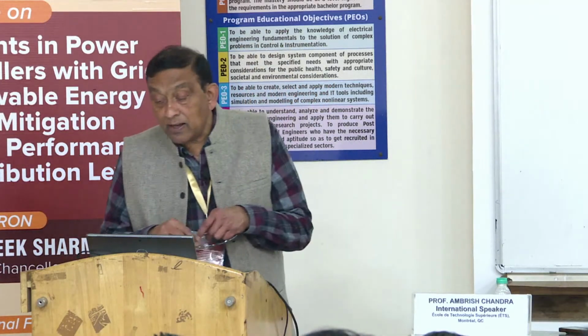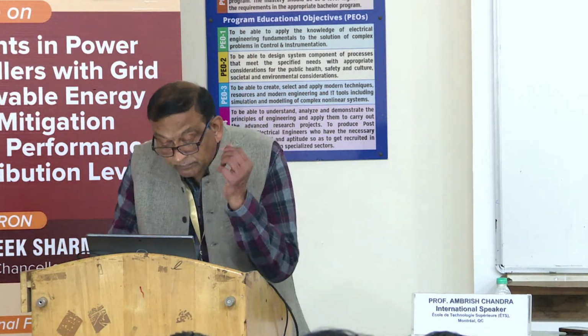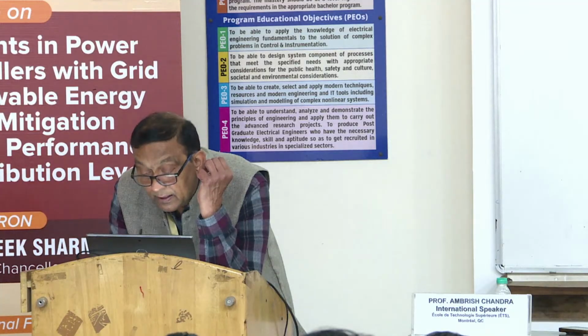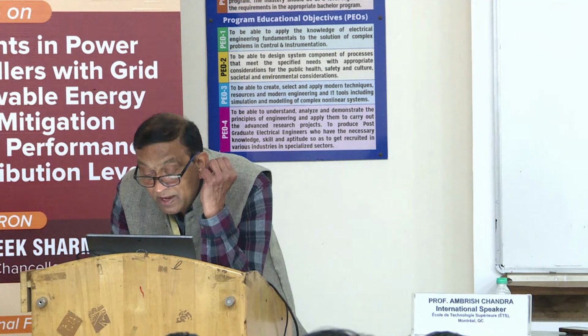And see, this is what is happening here. These renewable energy sources were supposed to supply only active power. They should not touch the reactive power. They should not touch the harmonics or any other thing. The voltage sag, voltage swell, those things, you are not concerned about.